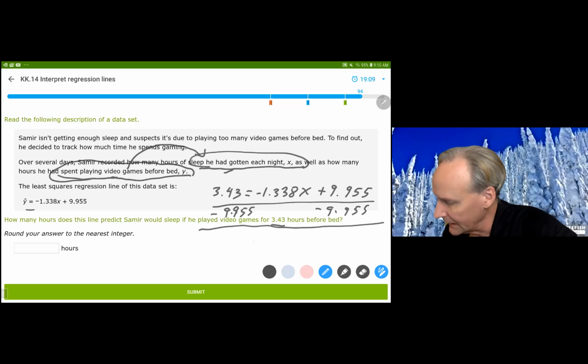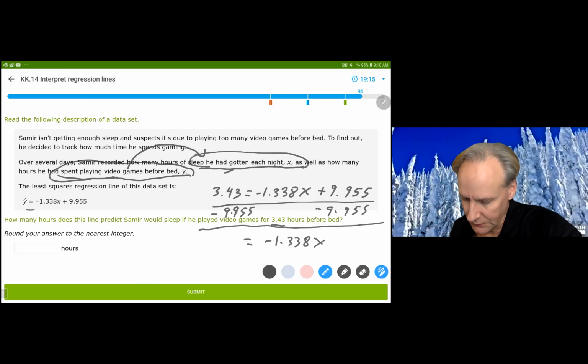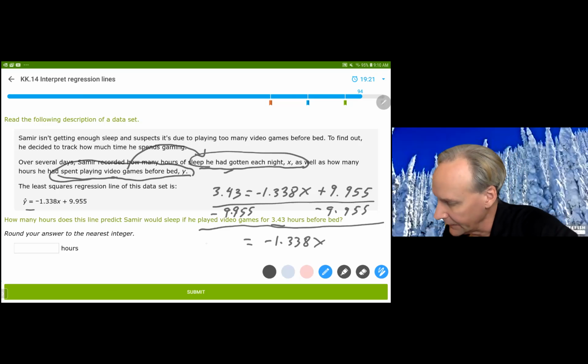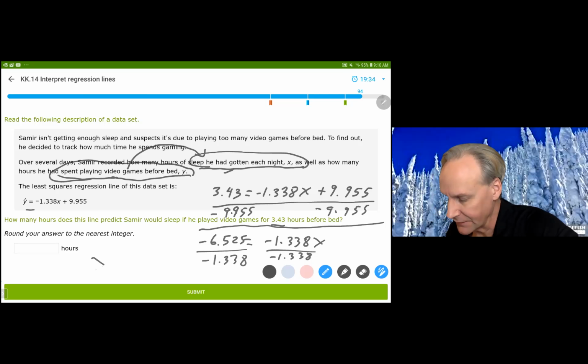And so I have negative 1.338x is equal to, sorry, I forgot to write it down. I think this was negative 6.525. I want you to be able to follow along. Then I'm dividing by negative 1.338 to get my x value.